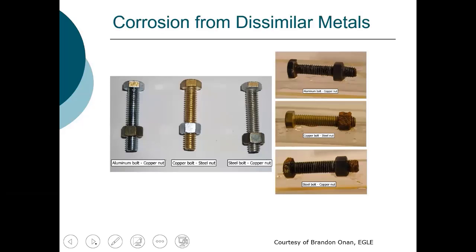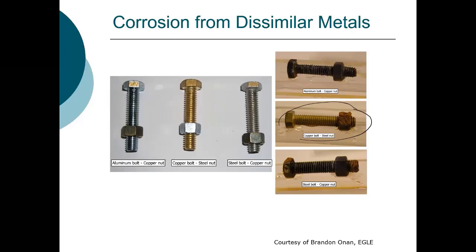And you can see in these images here, we start out with an aluminum bolt and a copper nut. In this case, we have a copper bolt and a steel nut, and we have a steel bolt and a copper nut. And you can see in this case, it's really obvious. In this one, you see the rust on the steel.